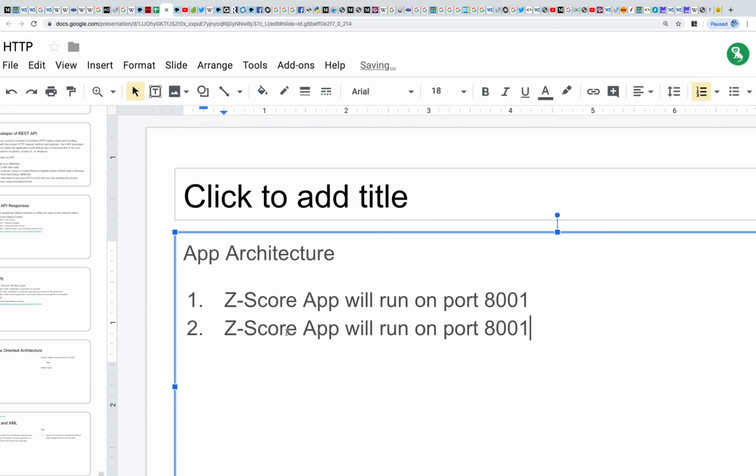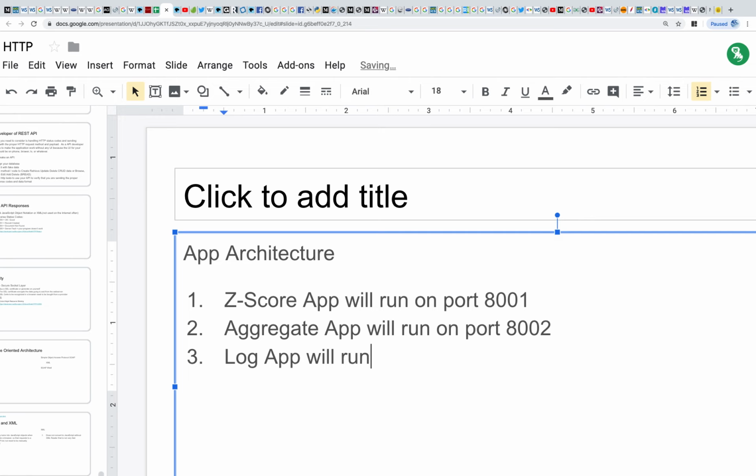The aggregate app will run on port 8002, and then the log app will run on port 8003.